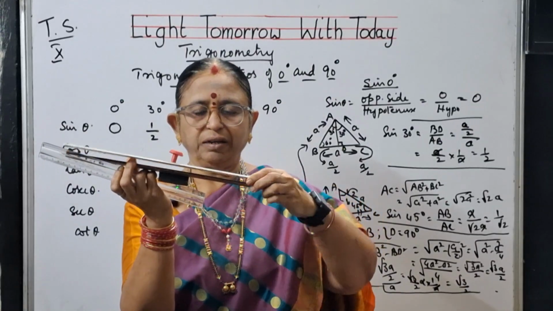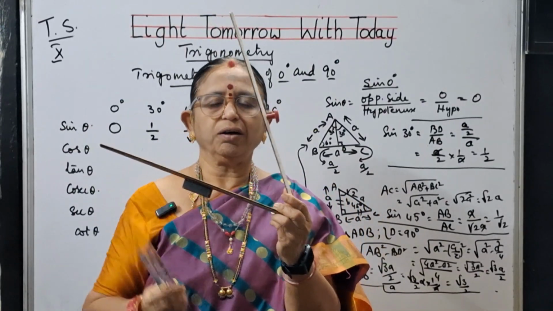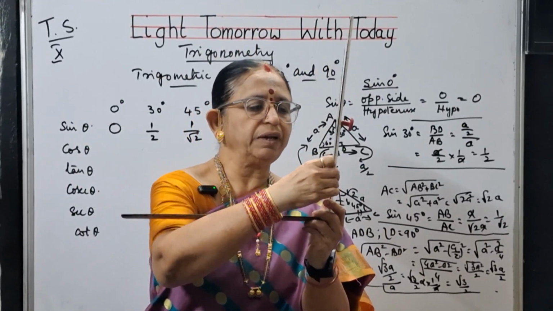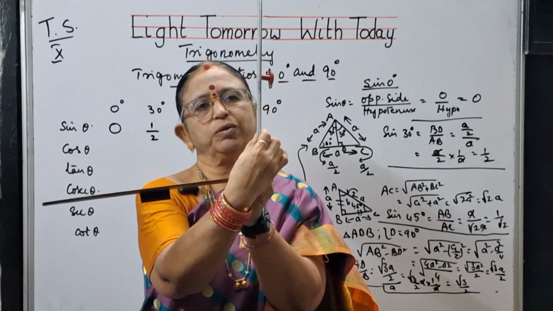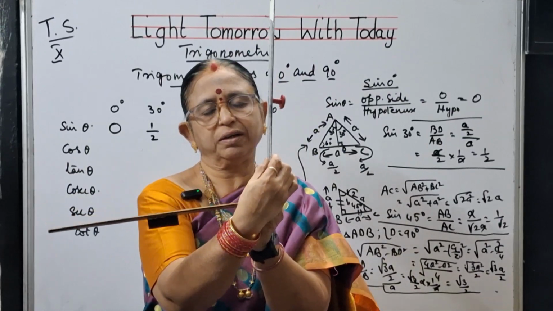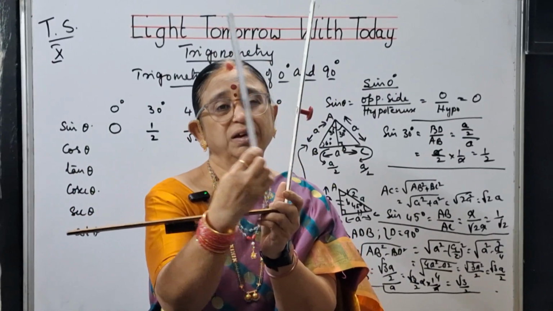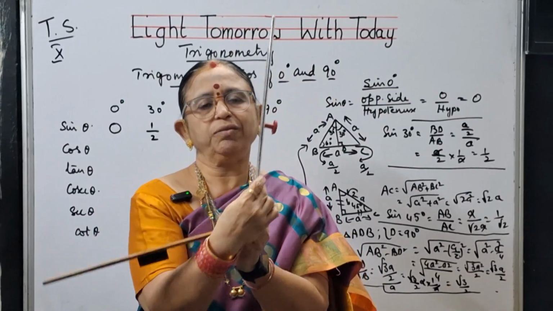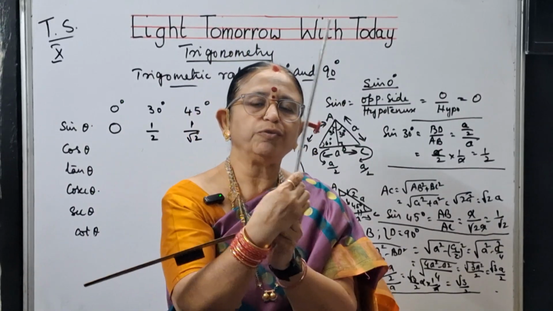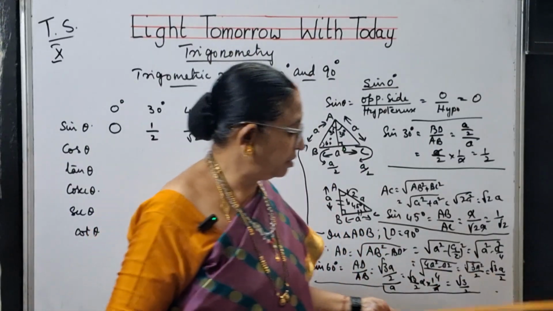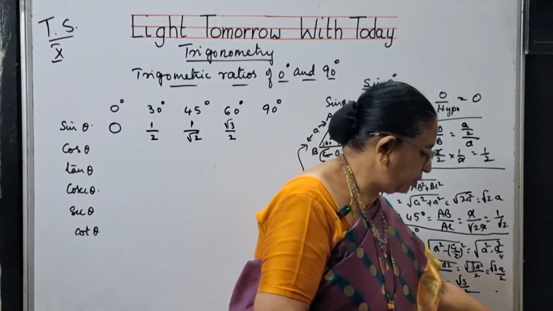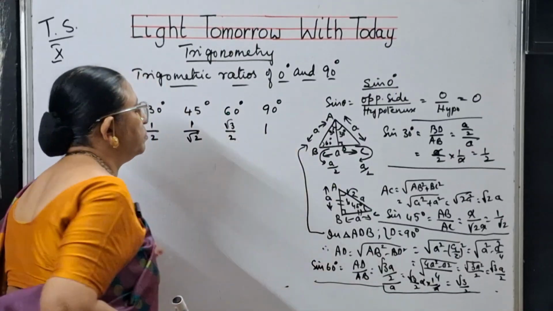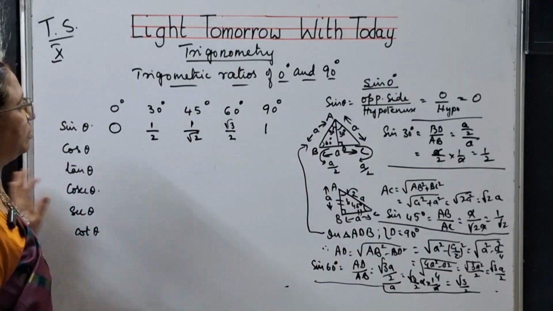When this angle is going like this, even this will come like this. And when it becomes 90 degrees, both the opposite side, the height, as well as the hypotenuse, will fall one upon the other. When they fall upon the other, both will be the same. If both are the same number, when you divide, what are you going to get, children? You will be getting 1. So sine 90 degrees is 1.